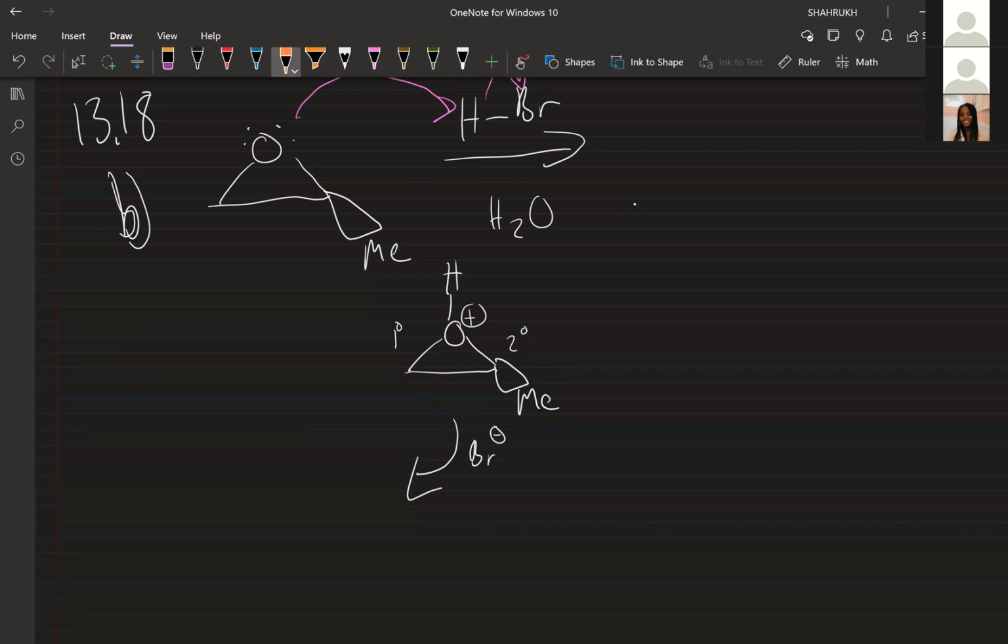Okay, wait, I'm confused. Couldn't we just use the Br to break it open in the beginning? No, because when you just have HBr floating around, it's going to exist as HBr, or technically it might be HBr and Br minus. But Br minus is not going to be a good nucleophile in this case, because it's going to be solvated in a solution that has H plus all surrounding it.